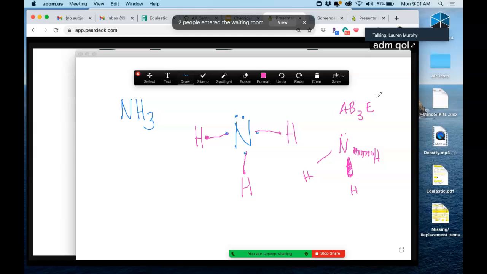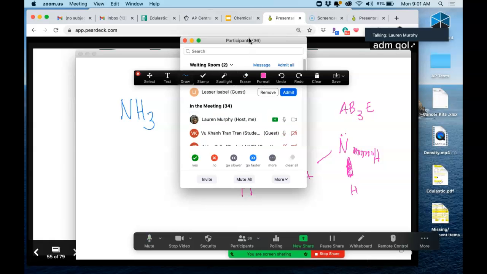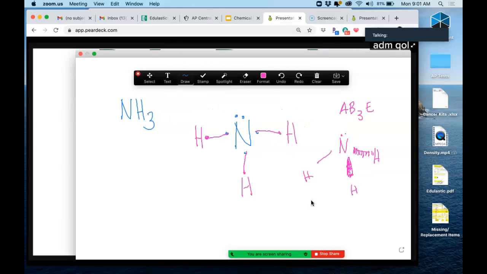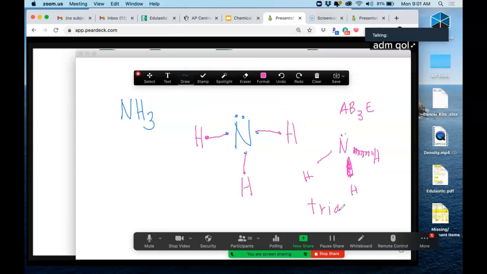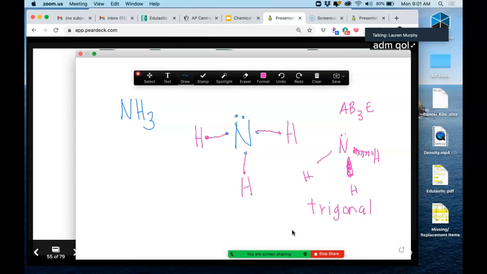Okay. What shape is this? Trigonal what? Is it planar or pyramidal? Trigonal isn't enough. Trigonal what? Is it a pyramid or does it lay flat? Well, it is a pyramid.